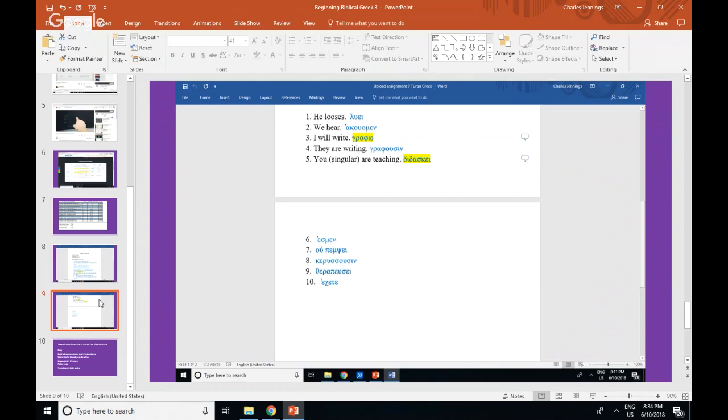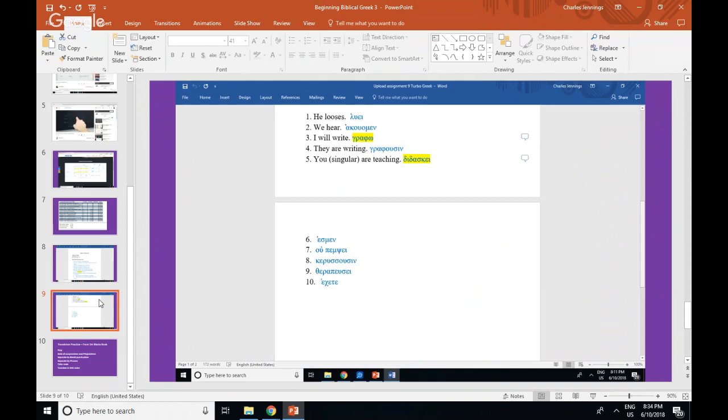So the thing is, if you remember this, and this is something that a guy named James McGovern, who's in a Facebook group called, I think, Greek Peeps, mentioned as a principle: it makes sense that if you have a sigma at the end of a verb, you know that it's you singular.